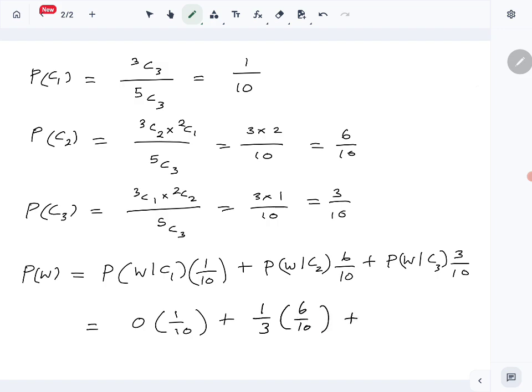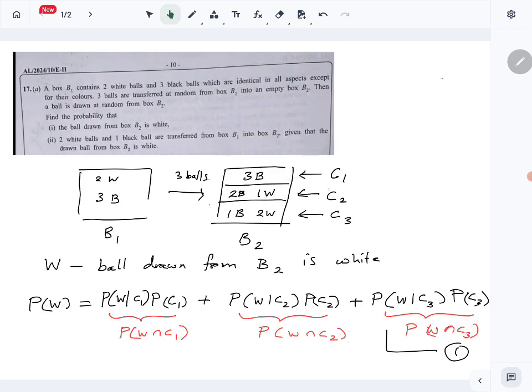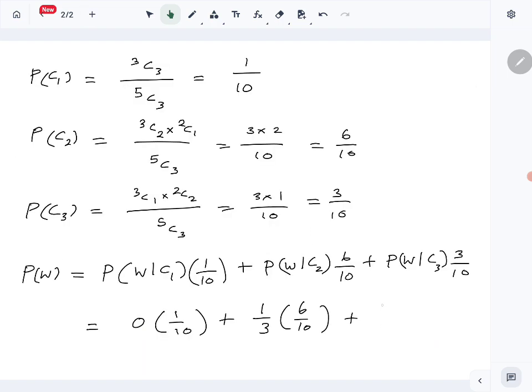Then the third case. In the third case, you have 1 black ball and 2 white balls, and we have to pick 1 white ball. So what is the probability of picking the white ball? That is 2 over 3. Now let's just simplify this, and we have the answer for part 1.